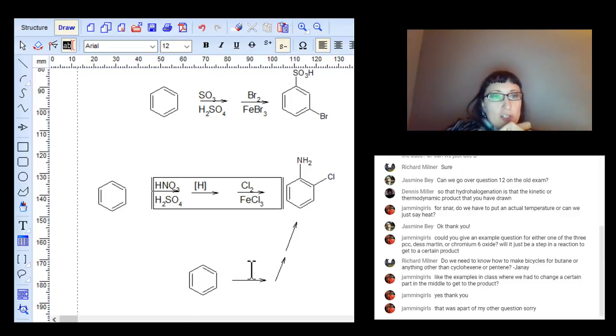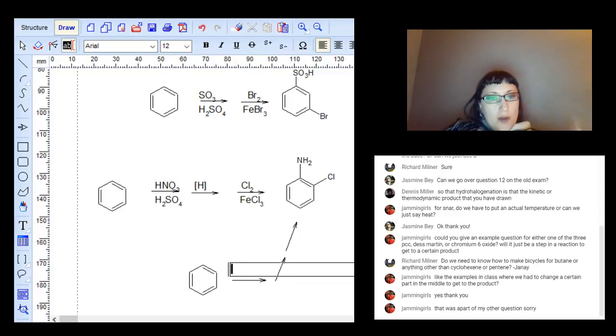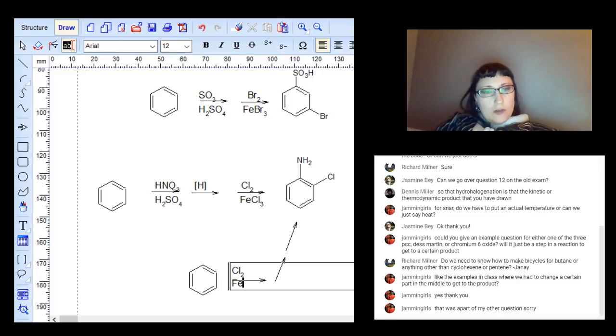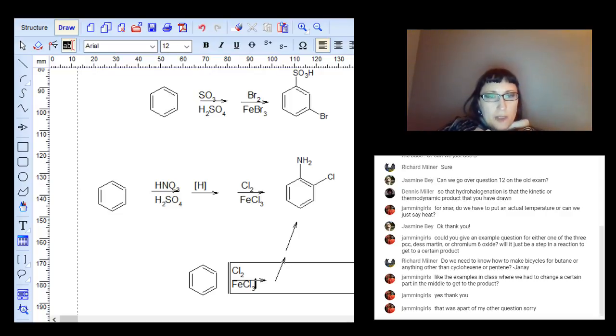The other reaction would be kind of similar, but it would be doing a chlorination first. Then we would do one of those SNAr reactions, the nucleophilic aromatic substitution.